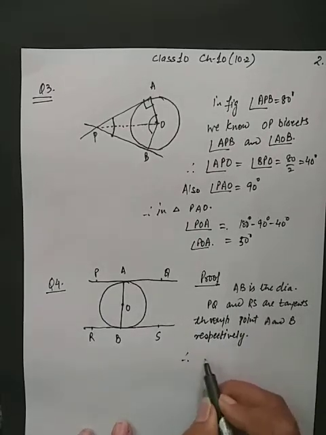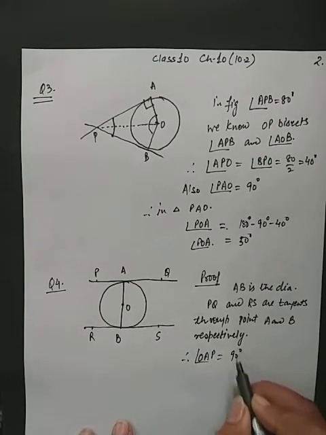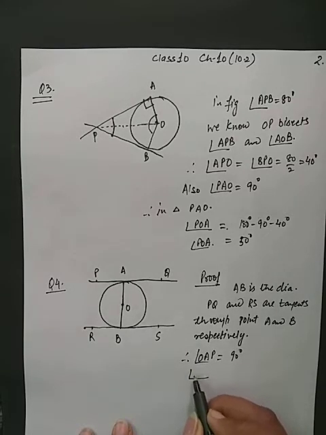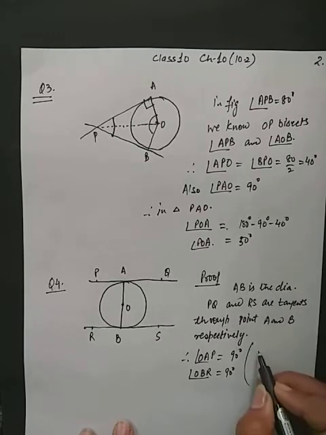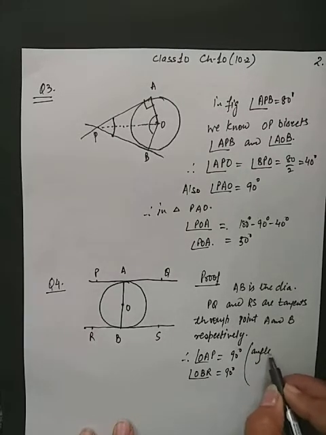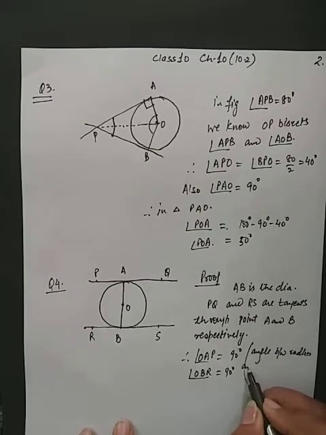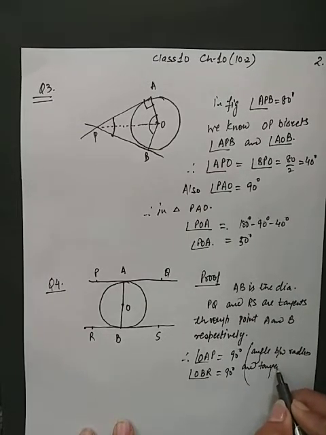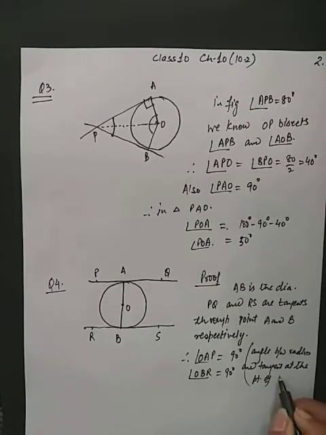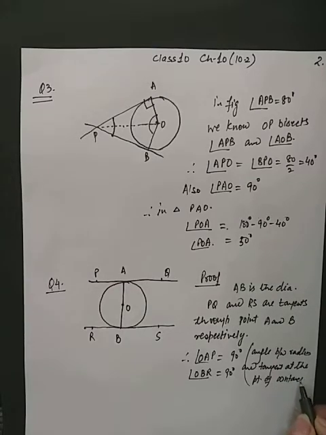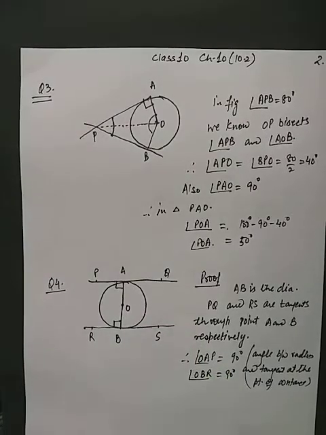So therefore angle OAP will be of 90 degree and angle OBR is equal to 90. Why? Angle between radius and tangent at the point of contact. So it means this one angle is of all 90 and this is also 90.